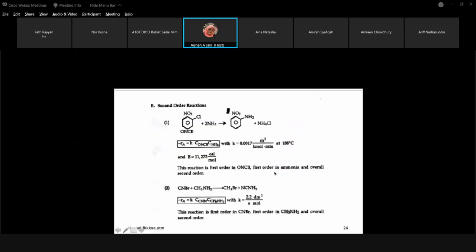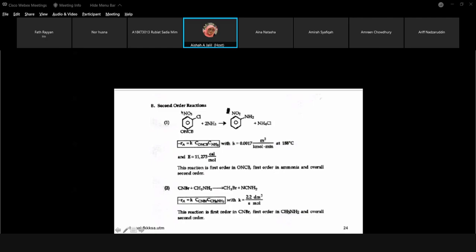Okay, this is the example for the second order reaction. Second order, you can see this is the total, 1 plus 1, okay? This reaction is first order in ONCB, ortho-nitrochlorobenzene, okay? First order in ammonia, and overall is second order.